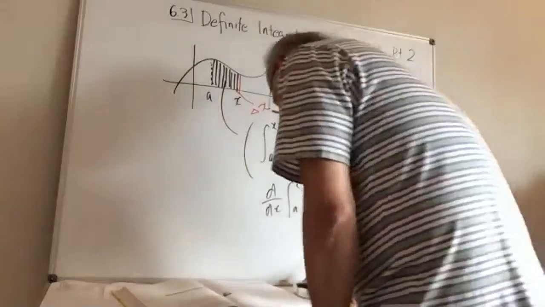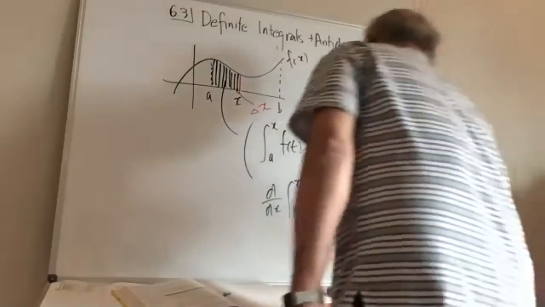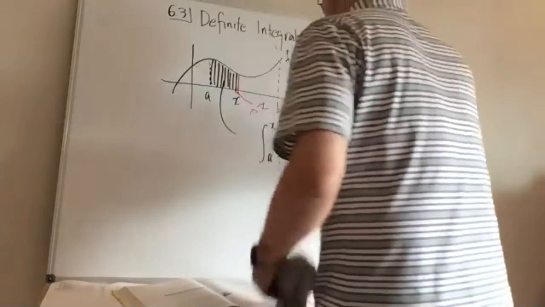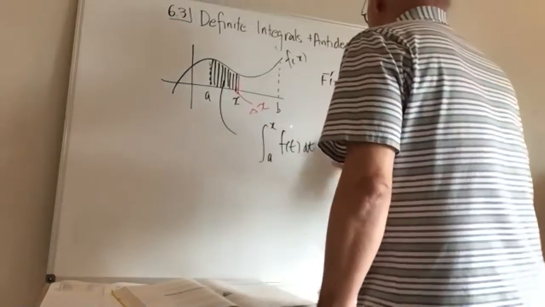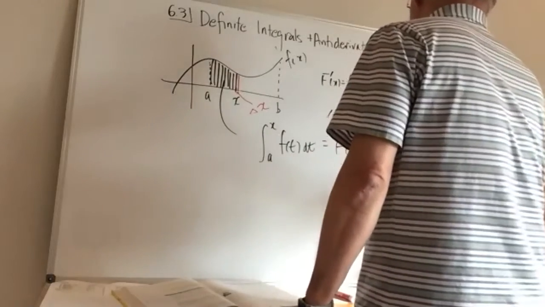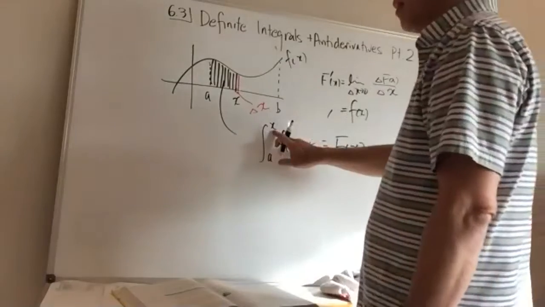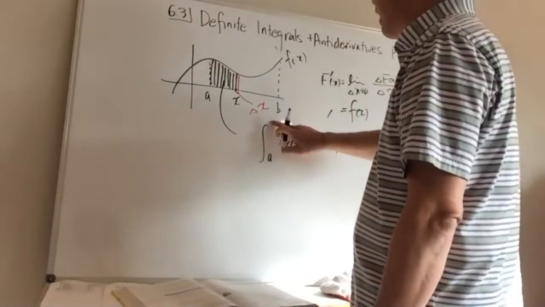Okay, so if you do that, we can find, let's go back here. We're going to do a little trick, and we're going to find out what C is. The trick we're going to use here is we're going to set x equal to a.